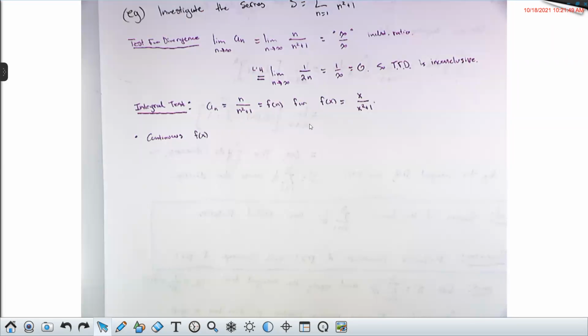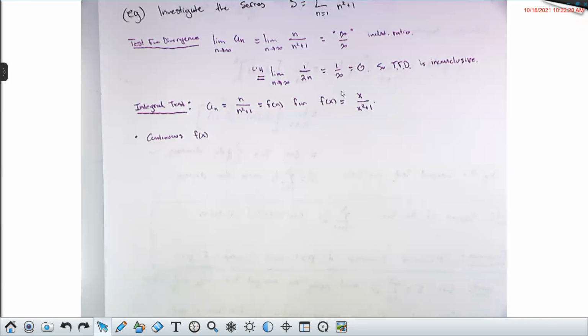It's the second one. If that function is not continuous, positive, and decreasing, then it's possible for the integral to converge and the series to diverge. If those three conditions are not met, then the series and integral are not tied together. I could give you a problem where the corresponding function fails to be continuous, and then you get a divergent integral, but the series converges, so you get the wrong answer.